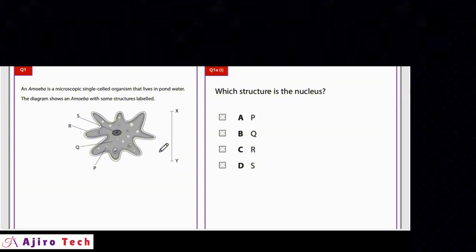As you have known, amoeba is an animal cell. There is the nucleus, cytoplasm, cell membrane.